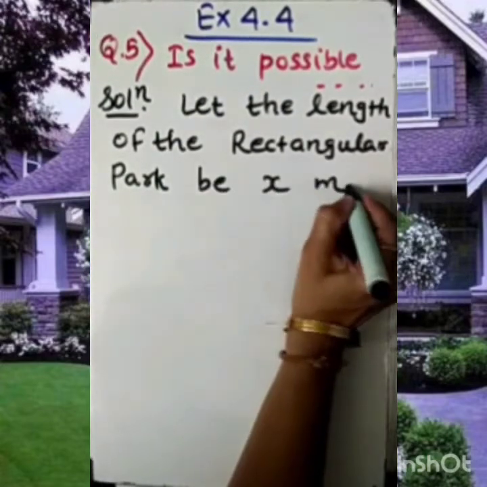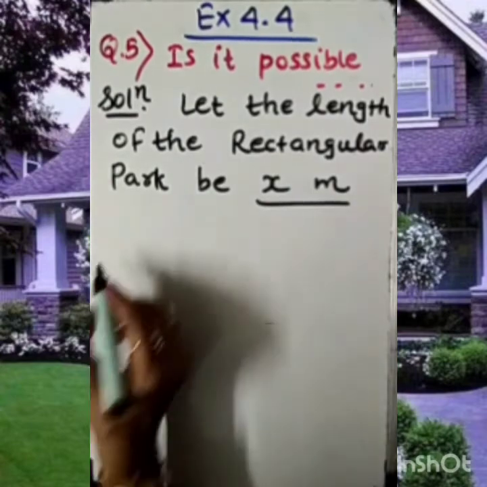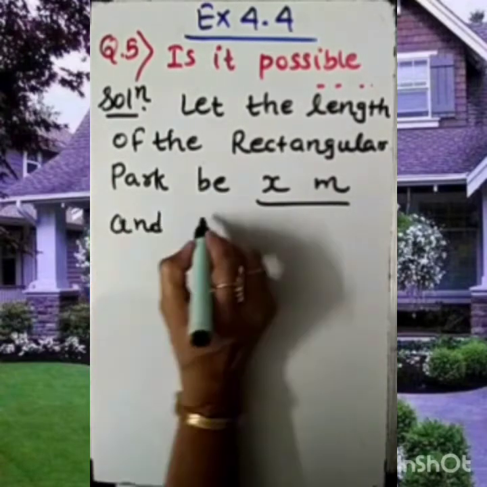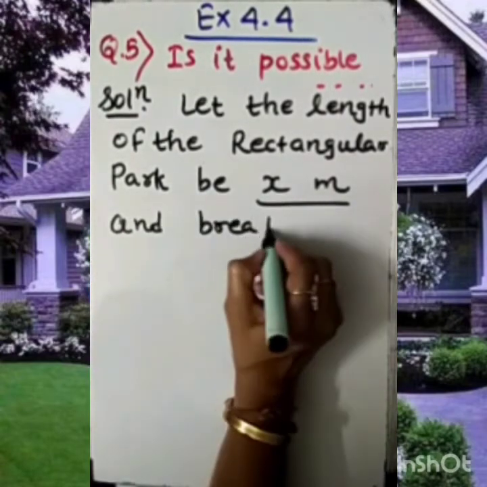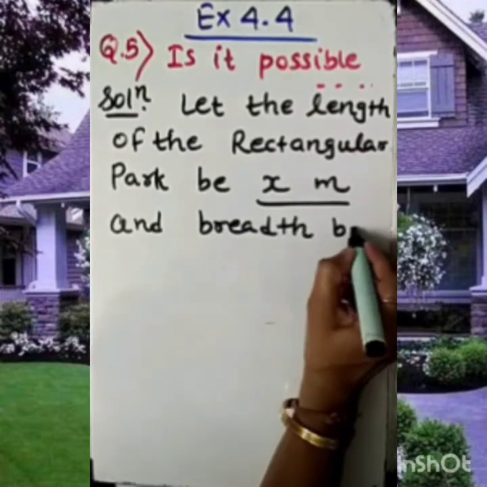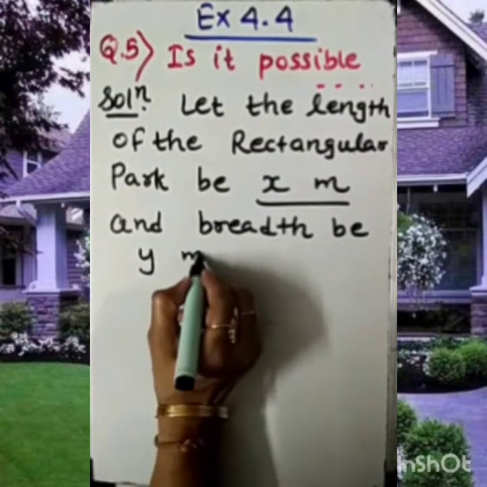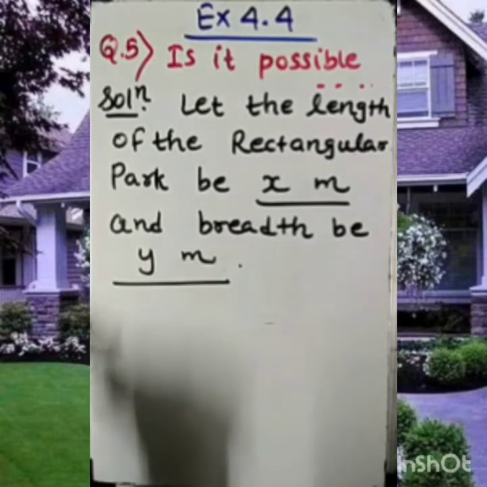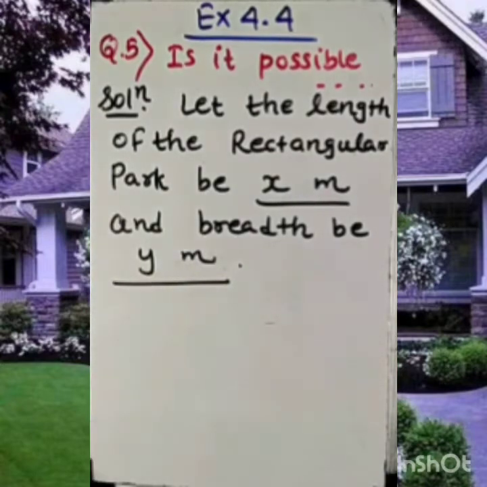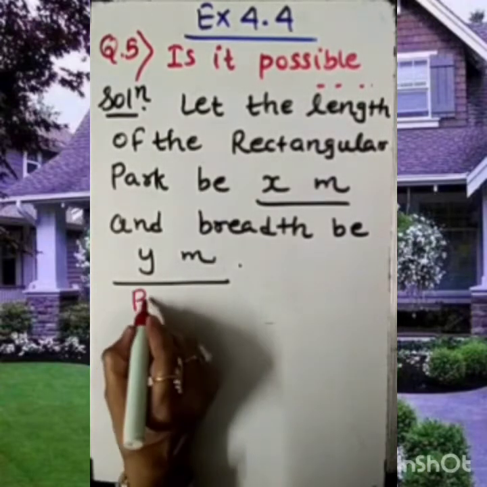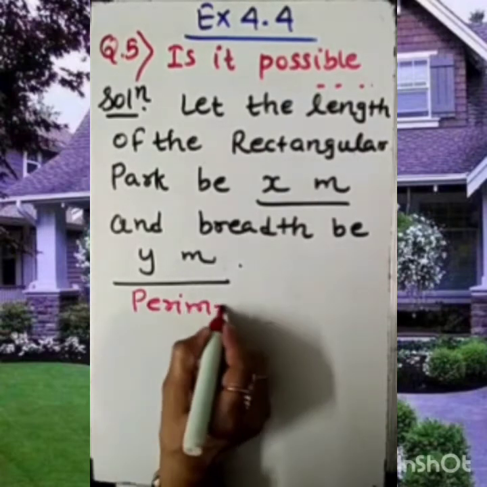Now and breadth also along with that we are considering breadth be y meter. The reason behind that is we are not given length nor breadth. So next step. As we are given the perimeter, so we know perimeter is given 80 meter.